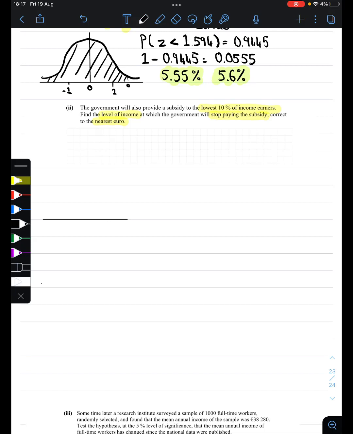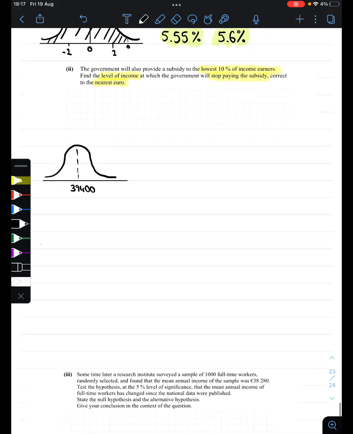So if we have our distribution of earnings, which is normally distributed, with a mean of 39,400, we are looking for the earnings X such that 10% of people, so this area or this percentage, earn less than X. So we want X such that 10% of people earn less than X.